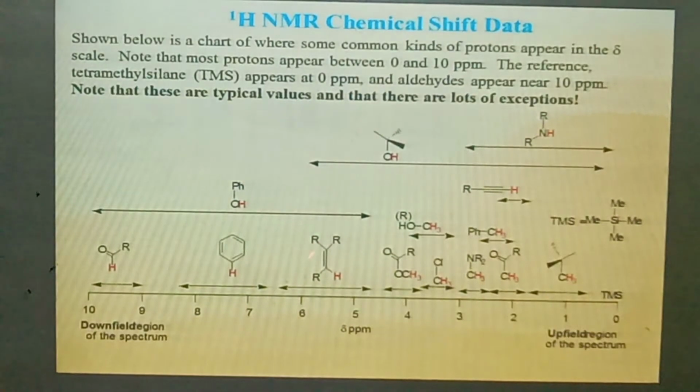And the olefinic proton range falls between 4.5 to 6.5, and if it is substituted with different types of electron withdrawing functional groups, it may go beyond that level also.